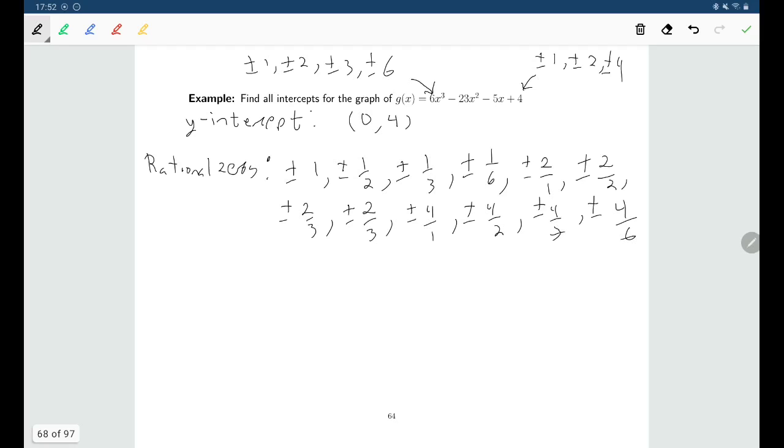And a lot of these are duplicates, so there are quite a few that we can actually eliminate. 2 over 2, that's the same thing as plus or minus 1, so we don't need that again. Plus or minus 4 over 2, that's the same thing as 2 over 1, which we already have, so we don't need that. Plus or minus 4/6, that's the same thing as plus or minus 2/3, which we already have, so we don't need that as well.